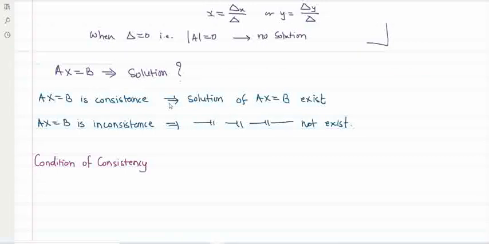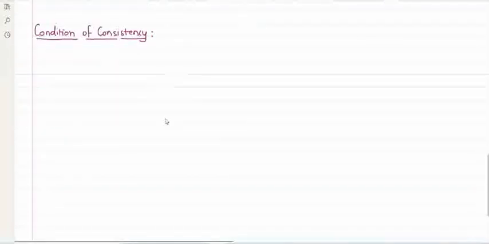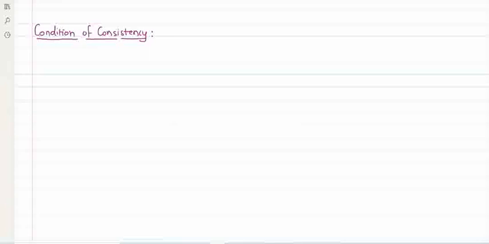Just a minute. Condition of consistency. So under what condition is the system of equations Ax equal to B consistent? When I am writing Ax equal to B, you have to understand.